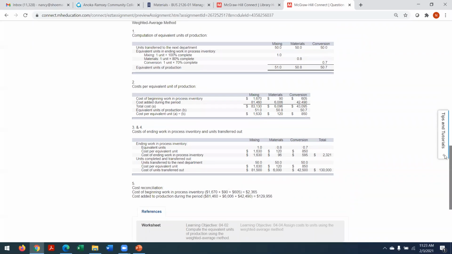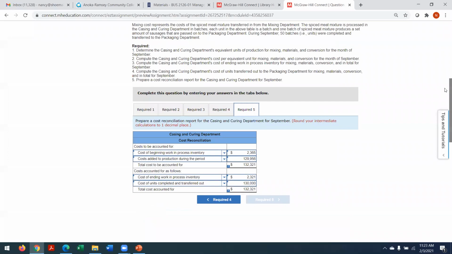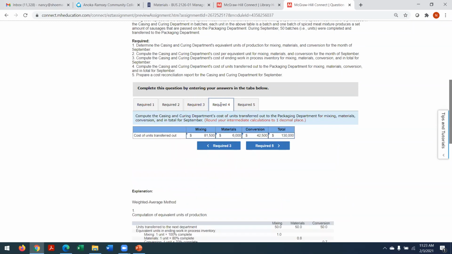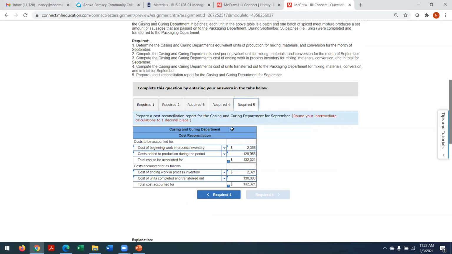Now we know our costs in ending inventory because that was shown here, our 2321, which we show in ending inventory.